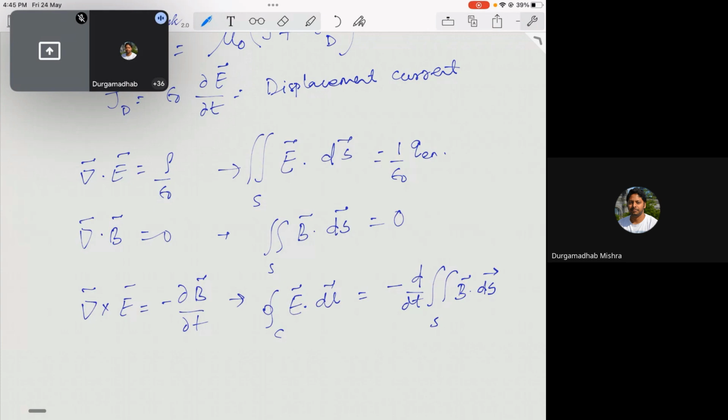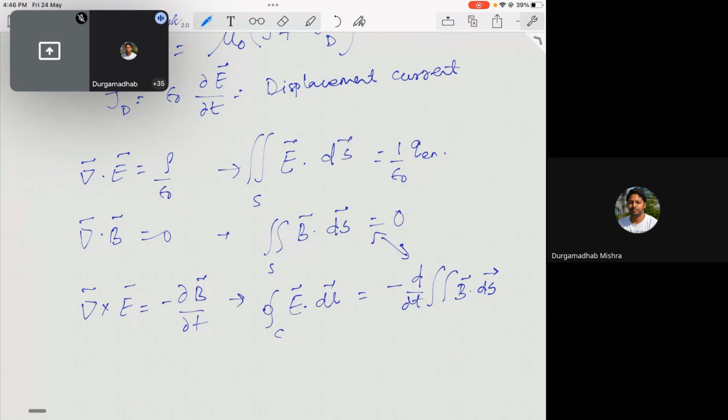When you look at these two things, you might say, okay, here B dot dS is 0, so the time derivative should always be 0. But that is only correct if we are talking about a constant magnetic field. If there is a time varying magnetic field, this term is not 0, so the right hand side is not 0.